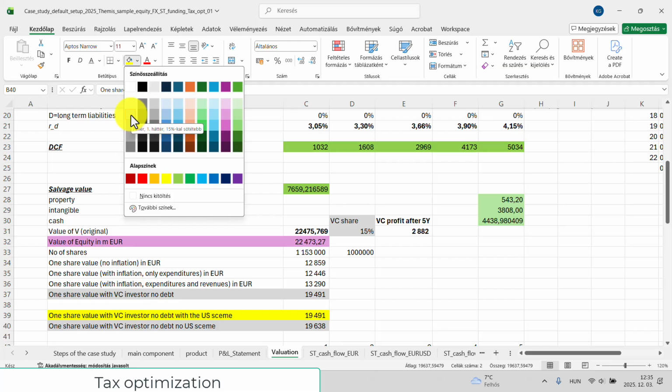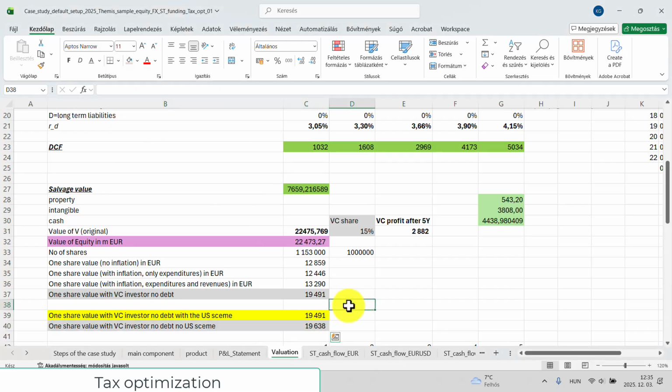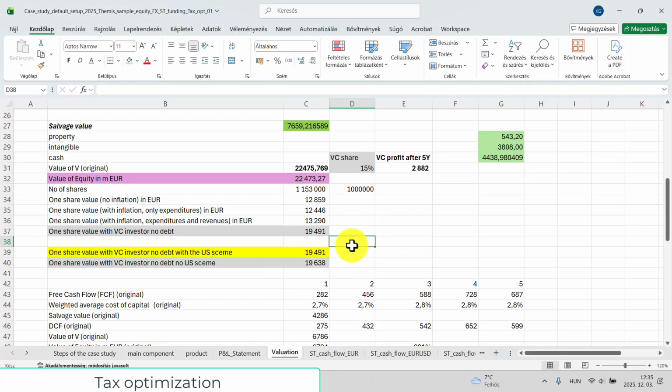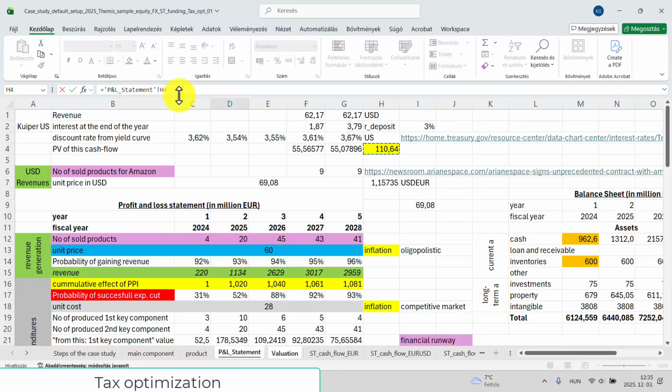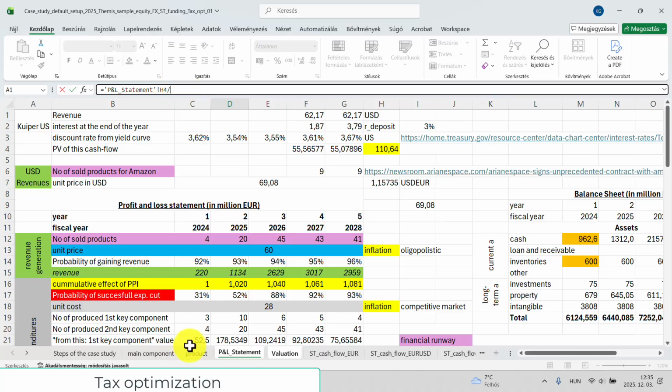So this has an obvious impact. But also at the same time, we know that there is an additional markup. So shareholders can potentially have this.